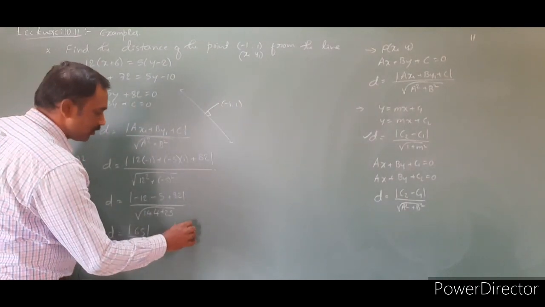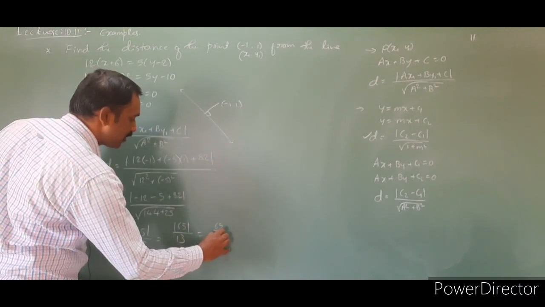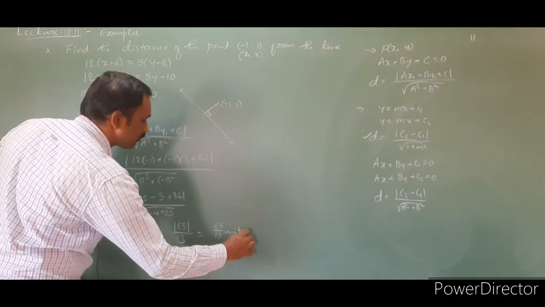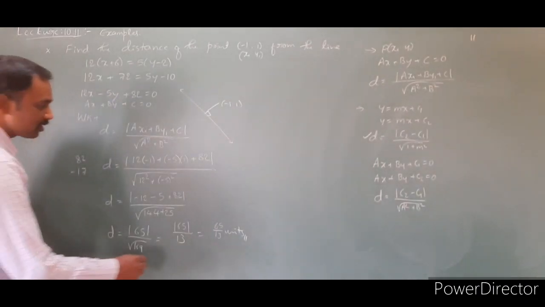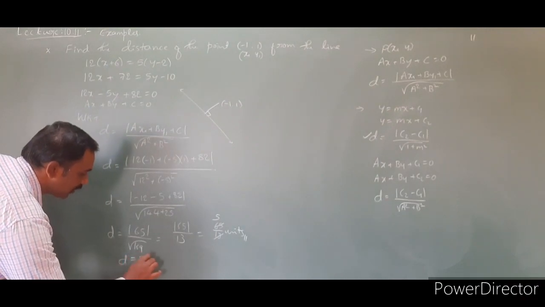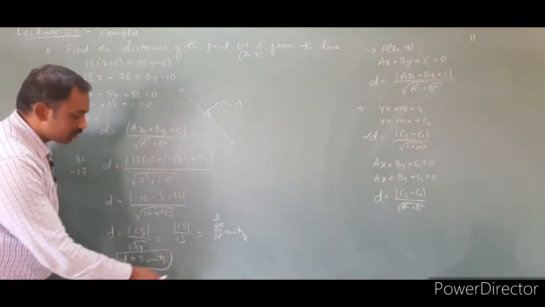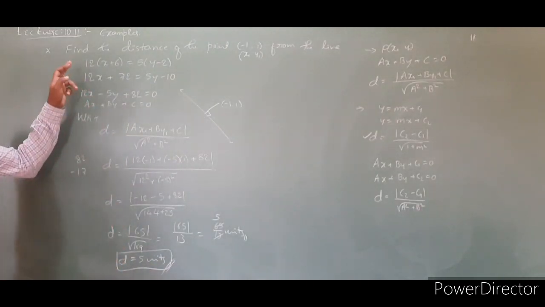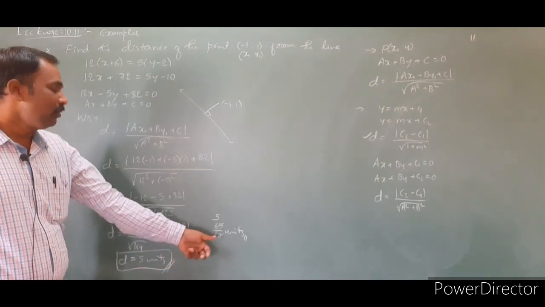So 65 divided by 13 units. Is it possible to simplify 65 divided by 13? That is nothing but 5 units. So the distance is equal to 5 units. This is the required distance between this line and the point.